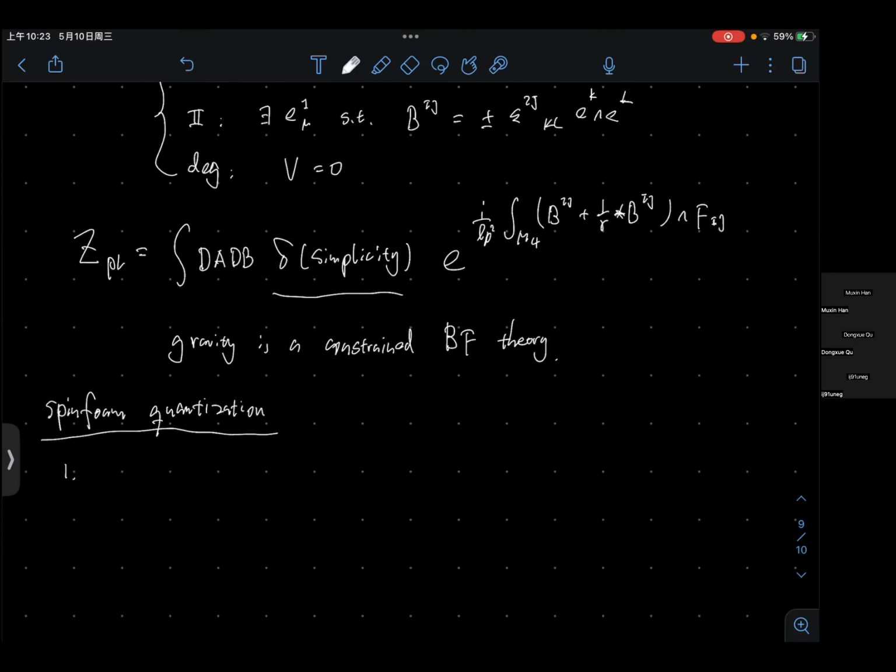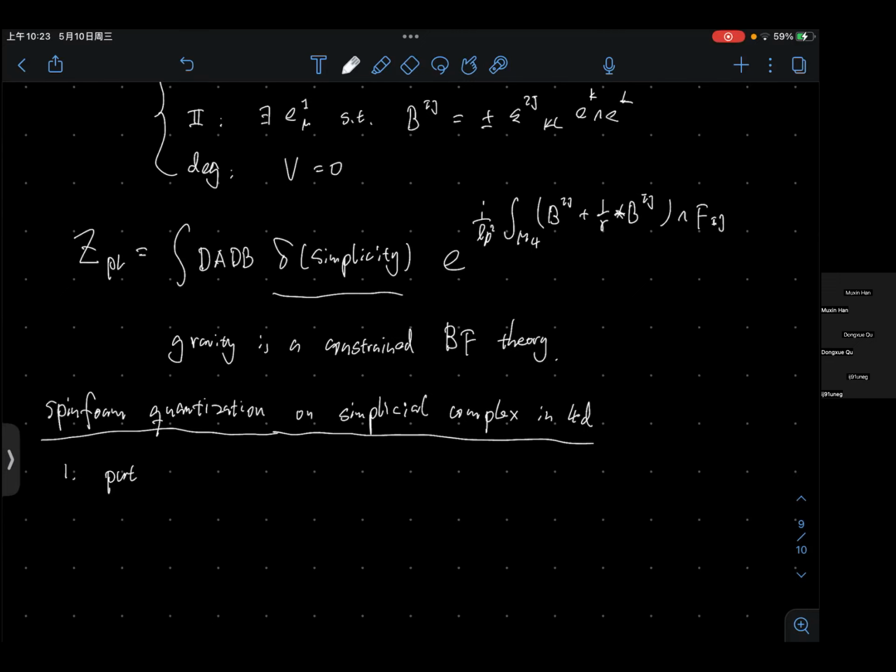All right. Spinfoam quantization is based on triangulation. Firstly, you need to introduce, let's say, spinfoam quantization on a simplicial complex in 4D. Instead of putting this Plebanski path integral on the entire manifold, we only look at this path integral inside a single 4-simplex.